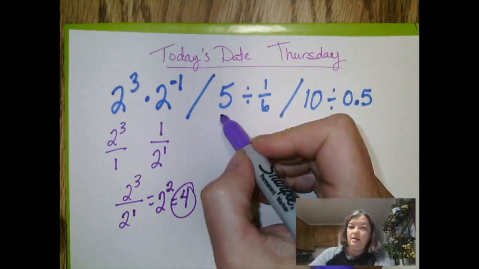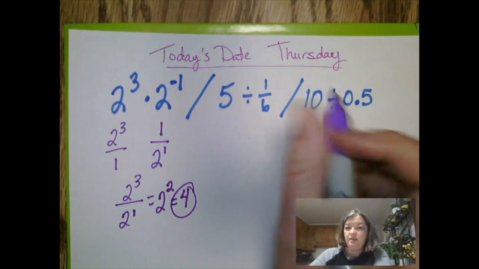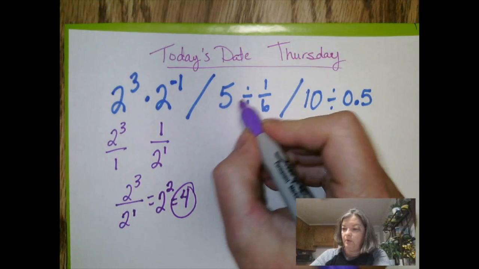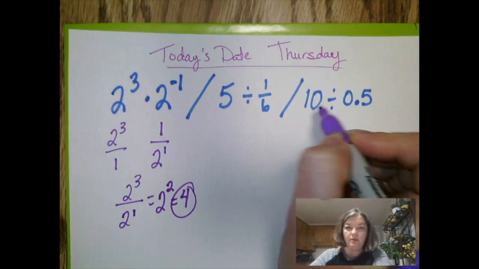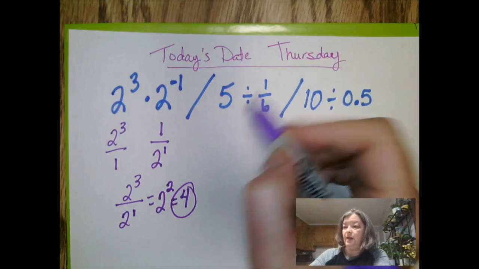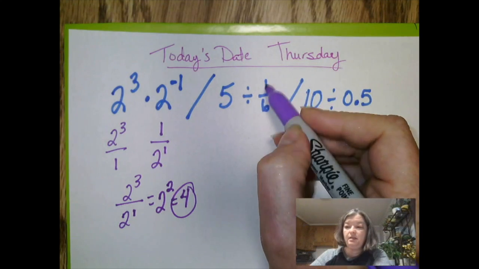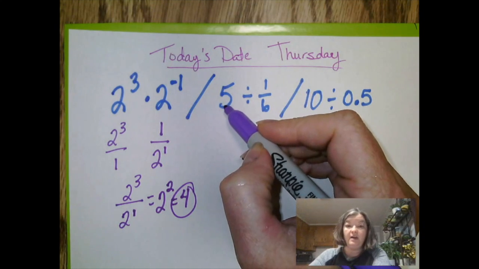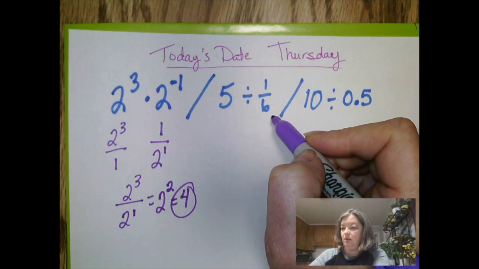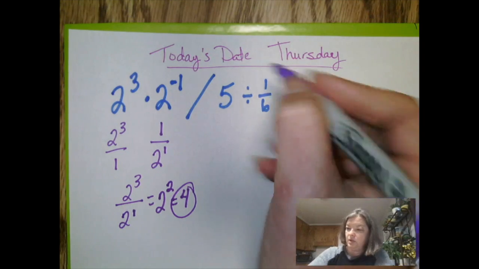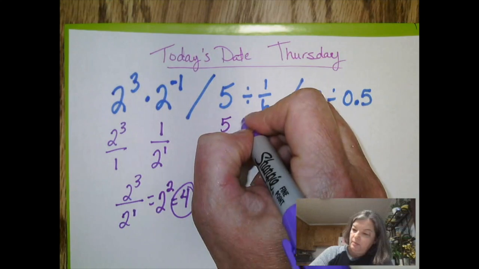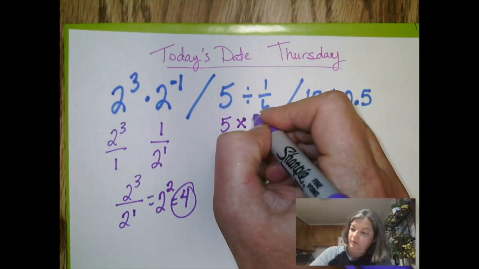For our day, 5 divided by 1/6. I know that I had talked about before where you do 5 times 6 over 1. That's fine. You're looking at how many 1/6 values would be in 5 wholes. So there is the usual keep, change, flip.